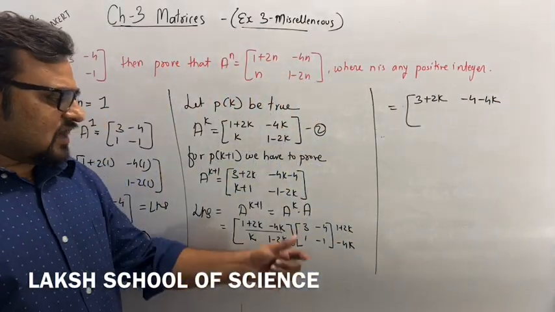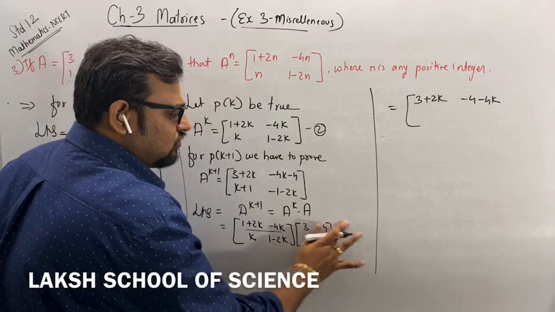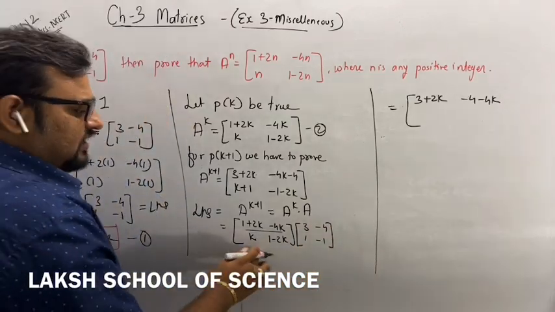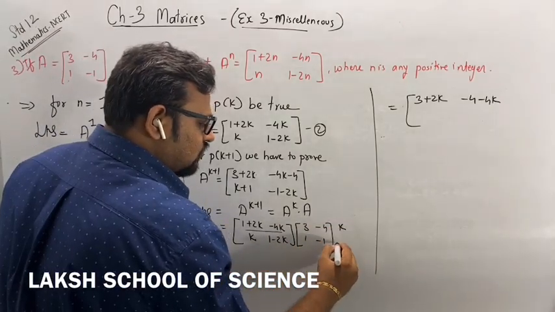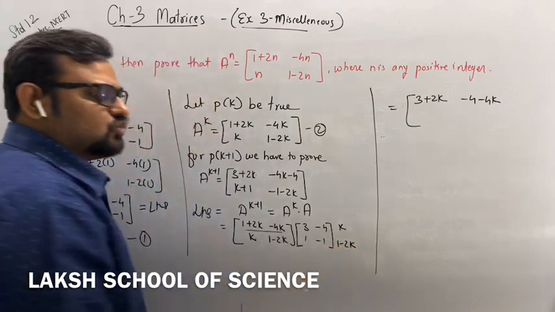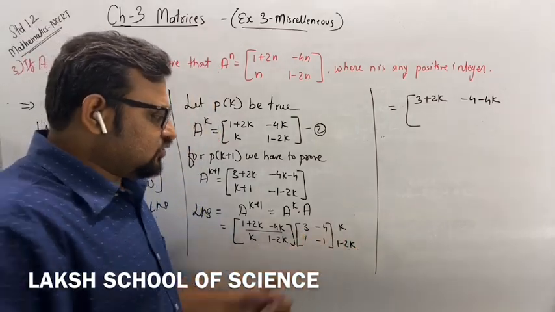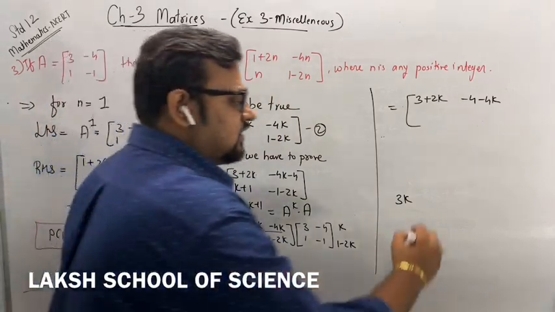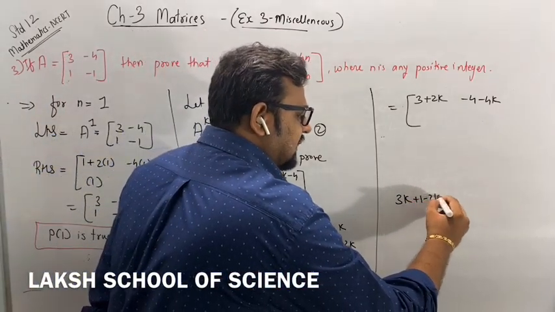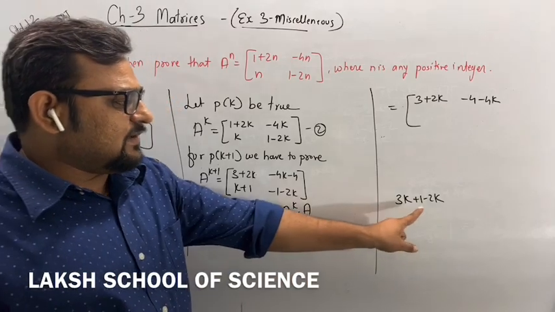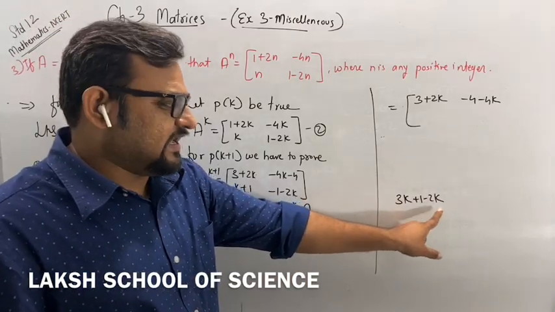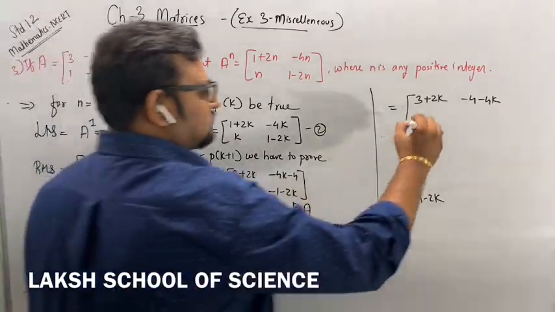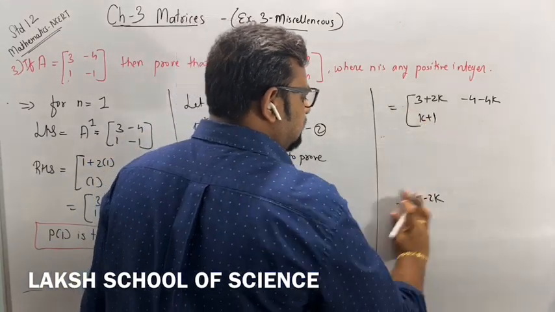Clear? Now let's take the second row: k, 1 minus 2k. So k into 3, 3k. 1 minus 2k into 1, plus 1 minus 2k. So 3k minus 2k, that is k plus 1. Okay.